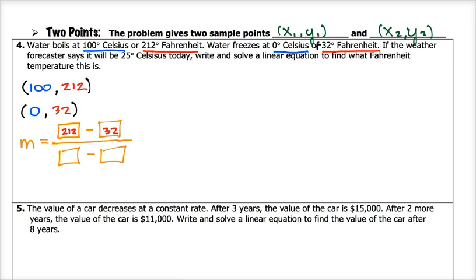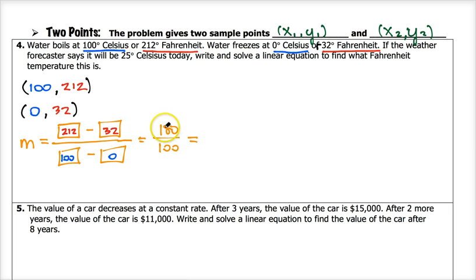The x values are 100 and 0. So if I simplify this fraction, 212 minus 32, I get 180. And 100 minus 0 is just 100. If I simplify 180 divided by 100, you get the fraction 9/5.